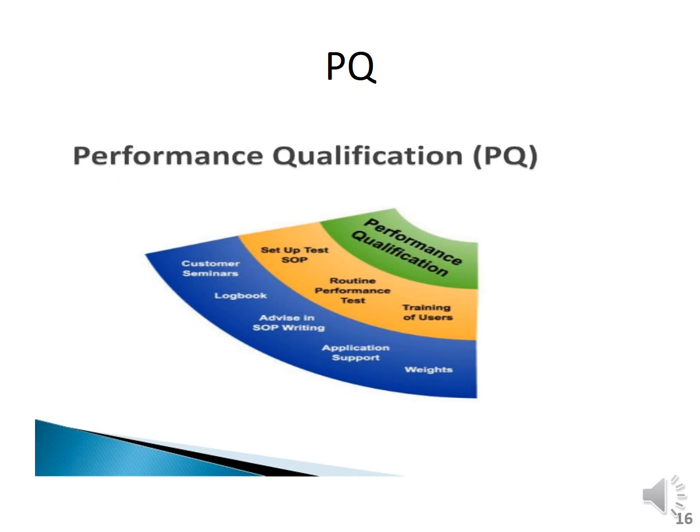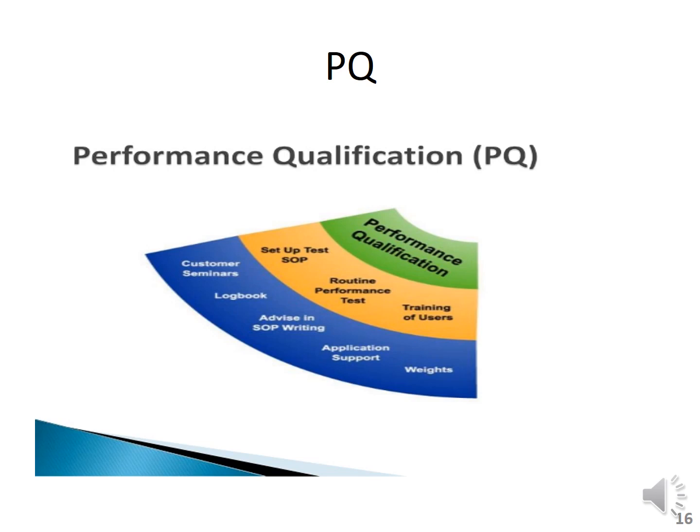The part of the pie chart which is guiding us towards the performance qualification. In the center you can see the performance qualification in the first circle, and in the second circle you can see the setup, test, SOP, standard operating procedures, right? So whatsoever the setup for the performance qualification, the standard operating procedure is, you have to check it out.